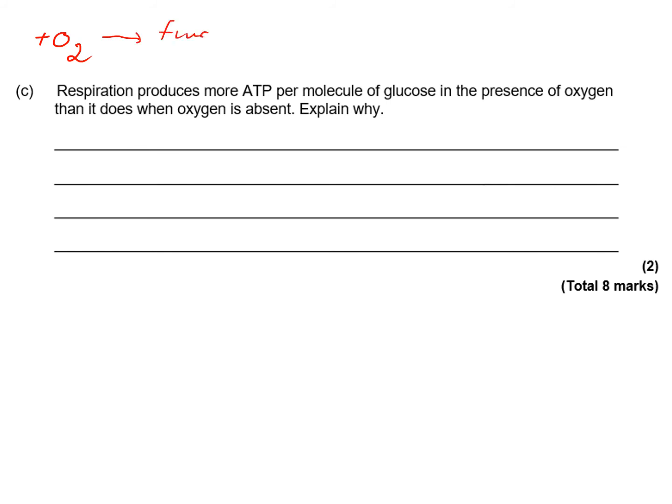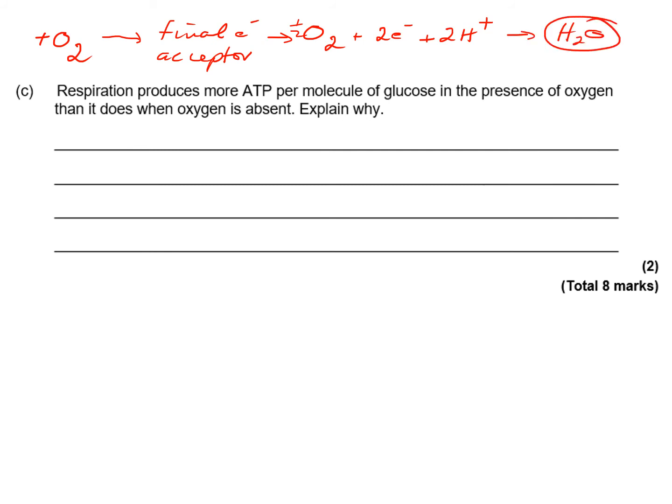So we said earlier it's the final electron acceptor, and it does pull the electrons through the ETC. Now oxygen plus electrons plus some protons, we could put half there, will form molecular water at the end of the ETC. So this oxygen allows the movement of electrons through the ETC, that activates the proton pumps, that builds the electrochemical gradient, that allows protons to move back through the stalked particle from the intermembrane space where there's a high concentration of protons back into the matrix, and therefore that allows oxidative phosphorylation.